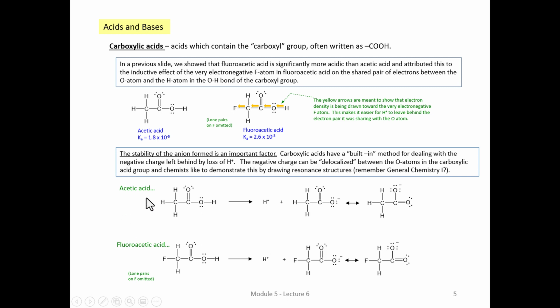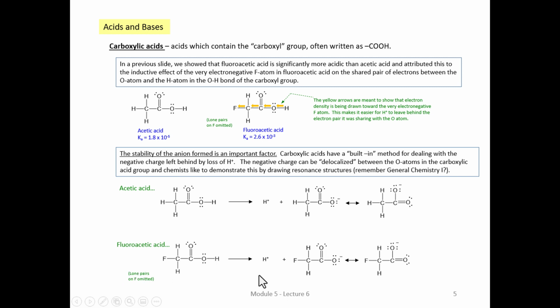Well, acetic acid can act as an acid because the acetate ion, even when it loses the H+, does have the ability to deal with this negative charge by what we call delocalizing it over the carboxyl group. And we signify this delocalization by drawing these two resonance structures.